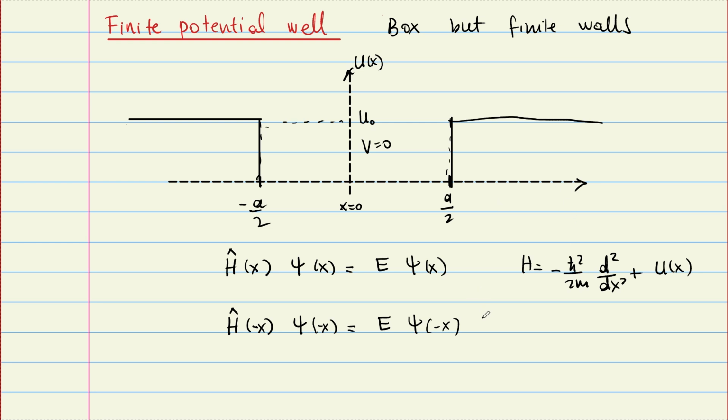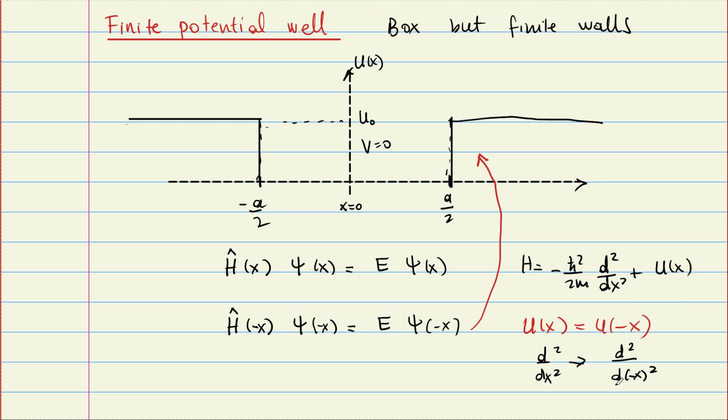However, I go back and look at my potential. So I look at here, and this shows me u of x is actually equal to u of minus x, right? Also, I look at the derivative operator. This is dx squared, and taking derivative with respect to x and minus x is the same thing, or we can show it like this, d minus x squared, right?